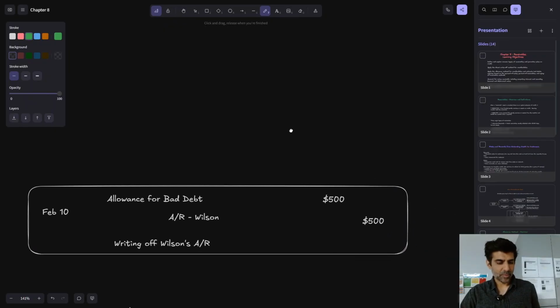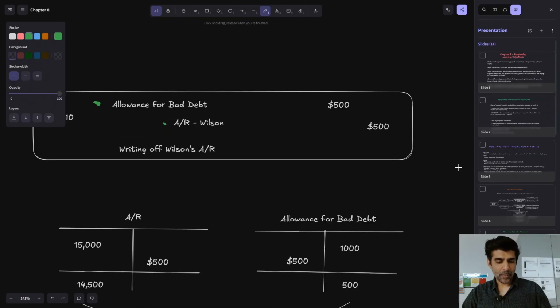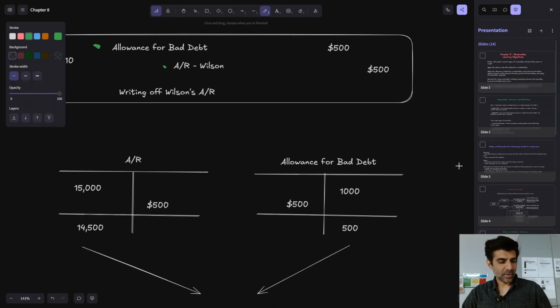Okay, so let's just look at it here. We're going to debit allowance for bad debt, and we're going to credit account receivable Wilson. Okay, so what that's going to do to our account balances is, we had this account receivable, which included all of our subsidiary accounts, right? Wilson was in here, Wilson, Davis, whatever.